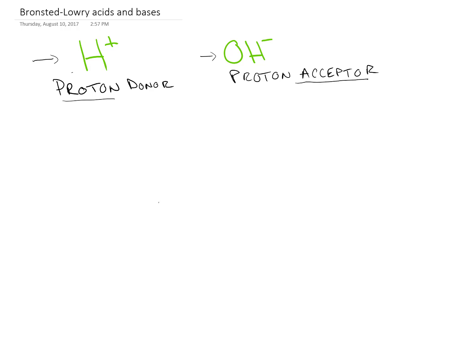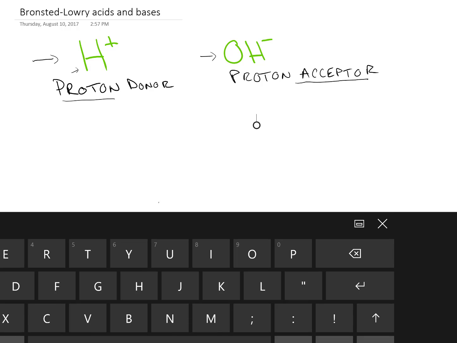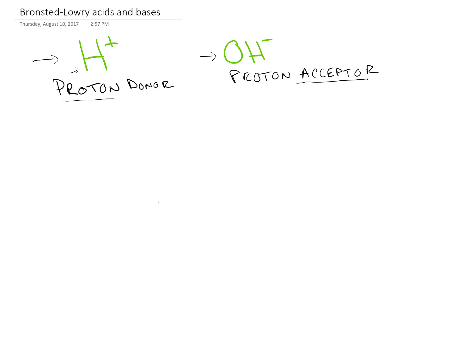Now remember, H plus is a proton. That's a proton with no electron. That's just what hydrogen is. Its ion, rather. And then hydroxide is still our proton acceptor, so it still fits into the definition for Bronsted-Lowry base. But we're going to see here in 2 seconds that we can go beyond that.